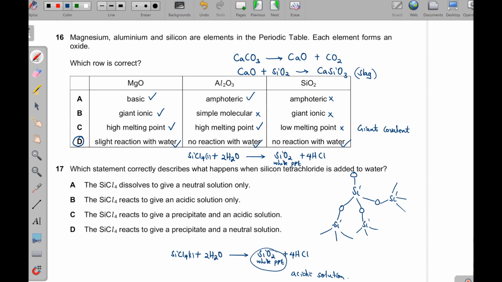This one will just settle down or move through the water. Then this one reacts and gives a precipitate and an acidic solution. Don't you think the answer is C? How about D? This one reacts to give a precipitate and a neutral solution. No, acidic. So we were supposed to look at acidic, and then there has to be a precipitate.